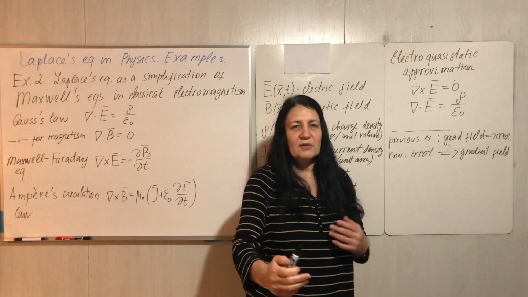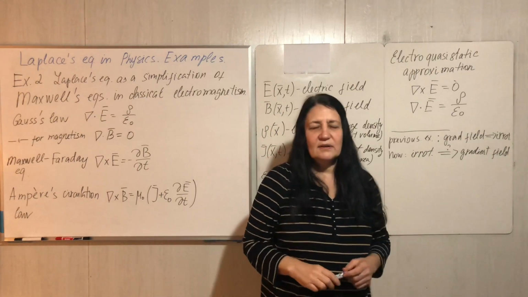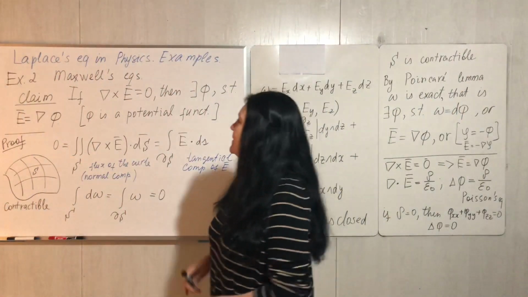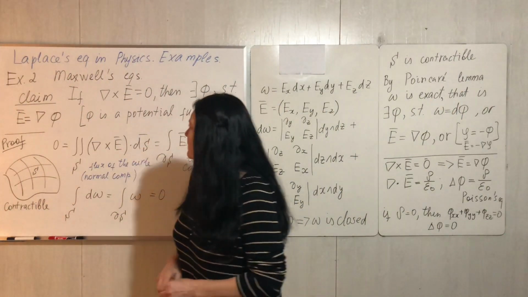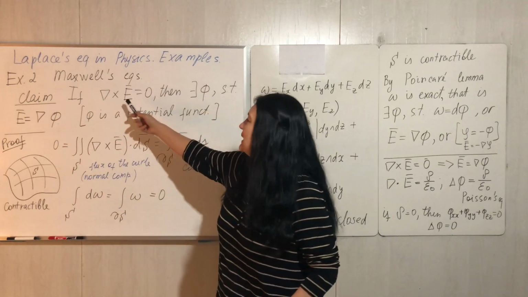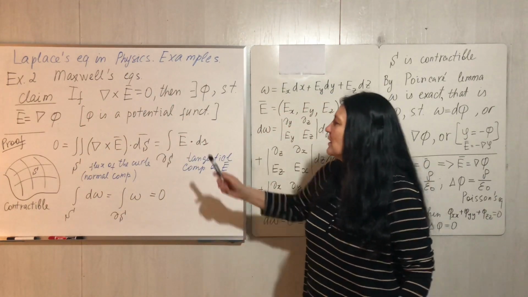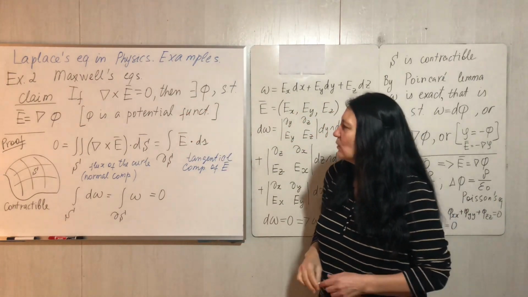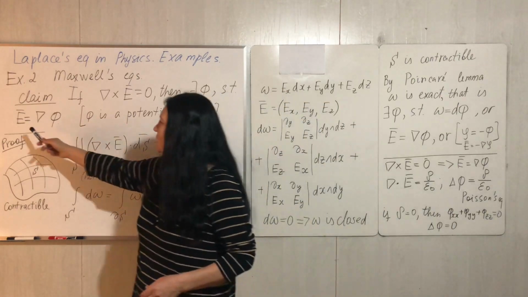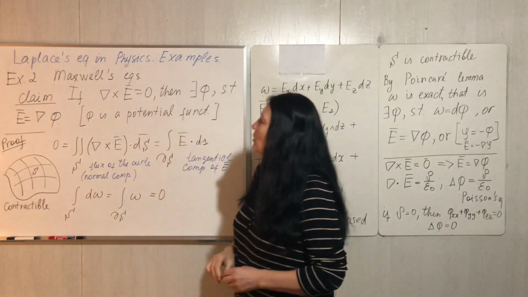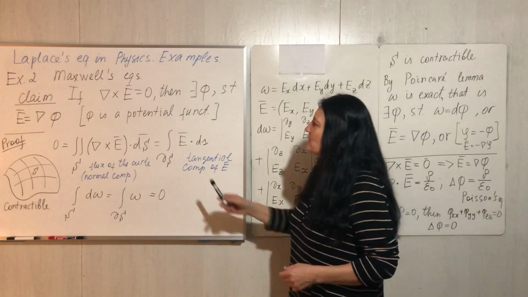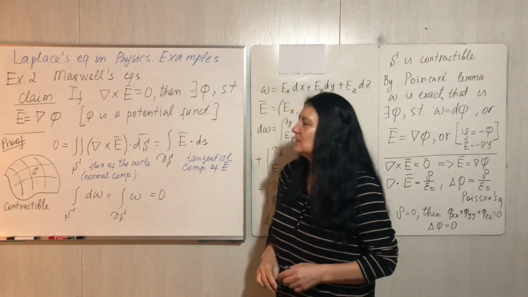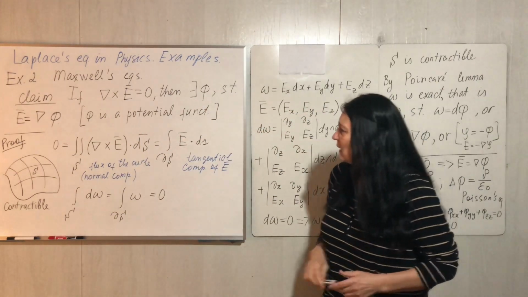So do we have the converse statement? To answer the question, we claim that if we have an irrotational field, then there exists a function phi, called a potential function, such that E is the gradient of phi. So we want to show that an irrotational field implies that the field is actually a gradient field.